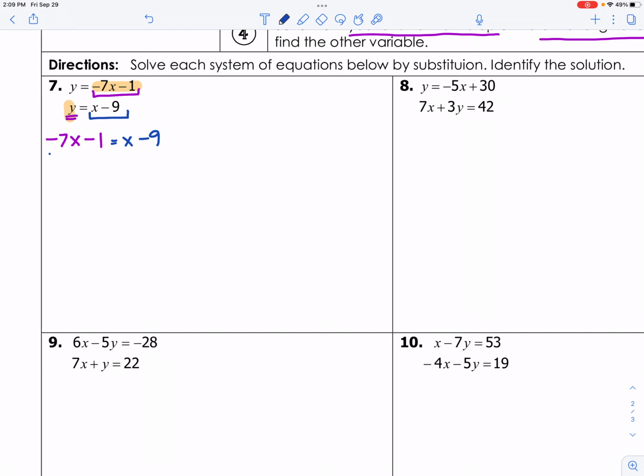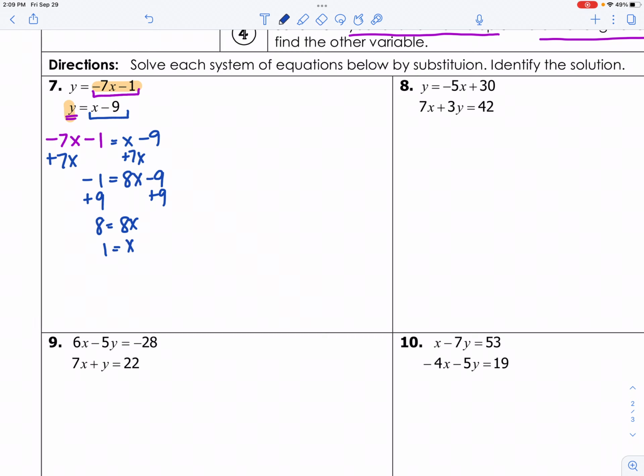So in order to do that, I'm going to add 7x plus 7x. Then I'm going to add 9 to the other side. So x equals 1. So I have the x coordinate of the solution, and now we're going to substitute into either one of the two original equations.